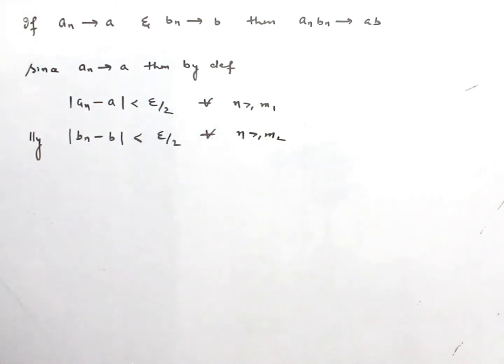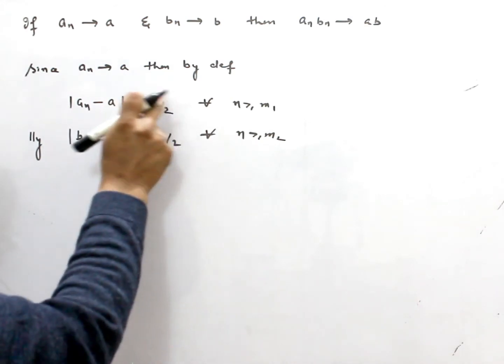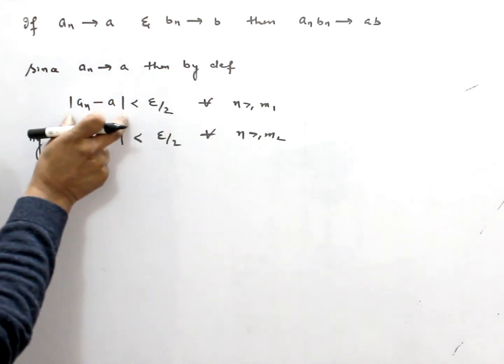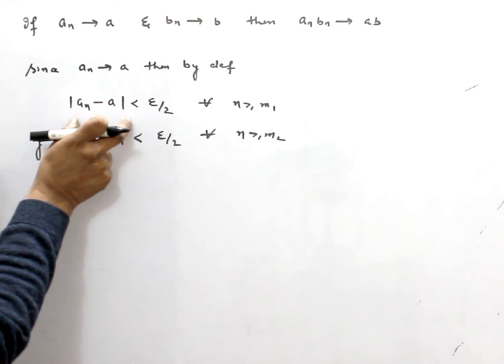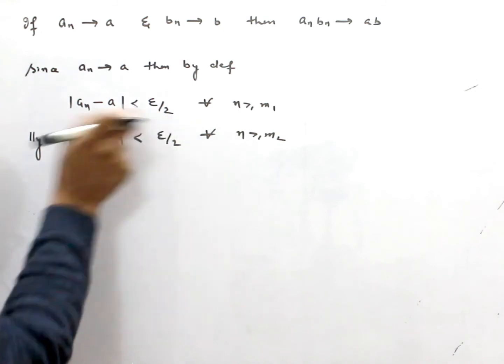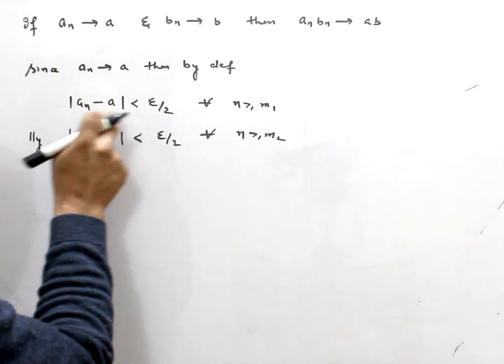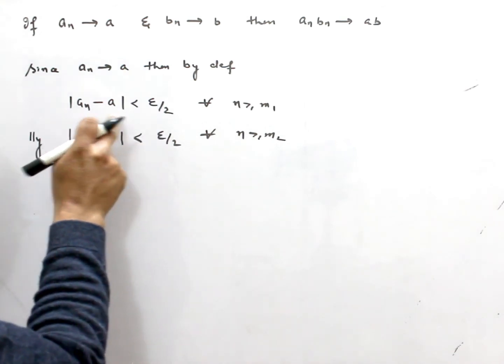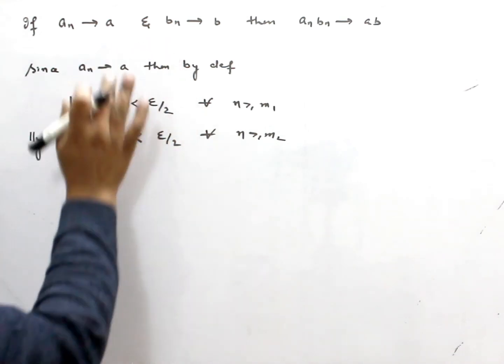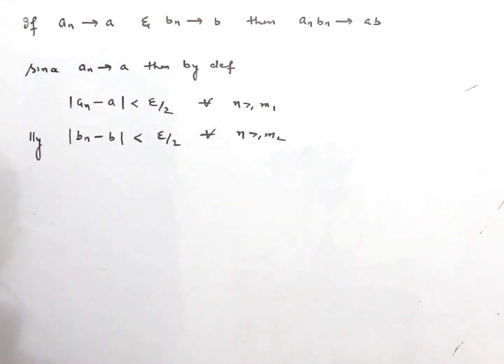Now one more thing: I take generally some positive number, because if I divide this epsilon by some number, still it will be positive.